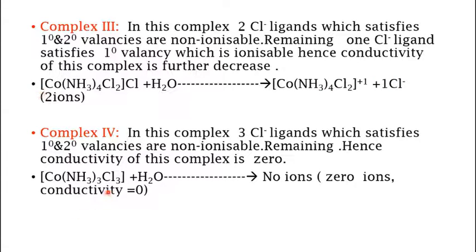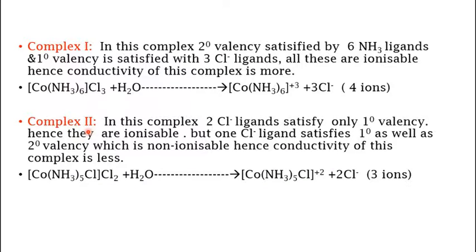In complex 4, where you have Co(NH3)3Cl3, you do not have any ionizable species outside the coordination sphere. So when this gets dissociated or ionized, no ions are formed. So there will be no conductivity. The value of conductivity in this complex will be 0. So starting from complex 1, you have 4 ions, so high conductivity. Complex 2, you have 3 ions, a little less conductivity.